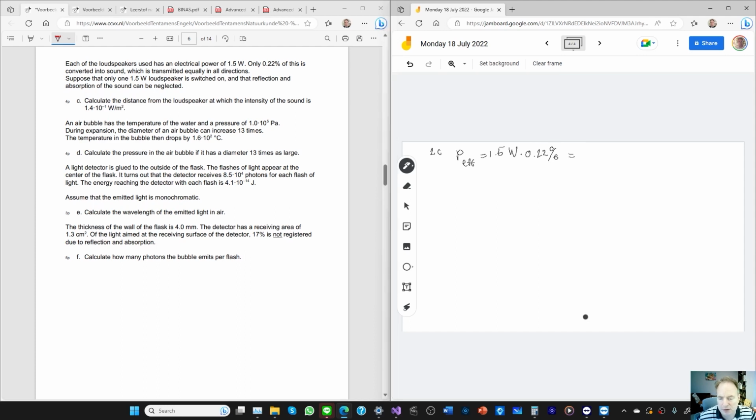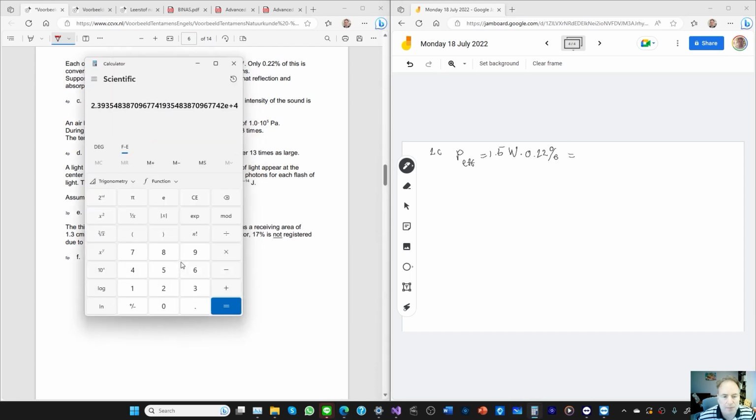So let's first calculate that. 0.022 times 1.5 is 3.3. I just keep one more significant digit for an intermediate calculation, times 10 to the power minus 2 watt.